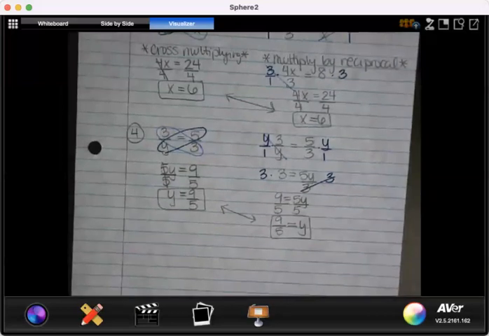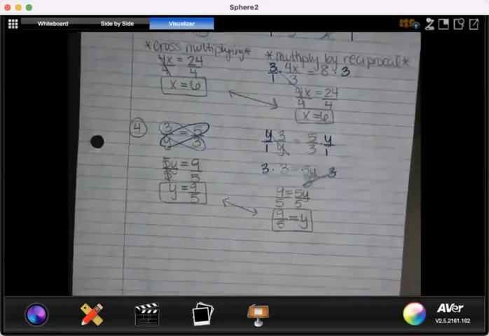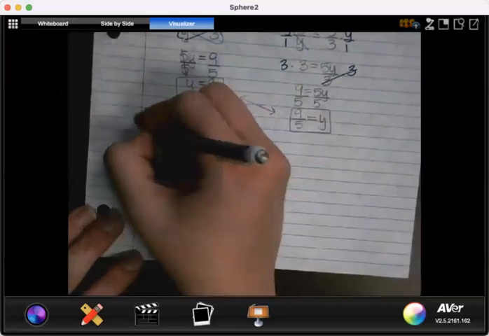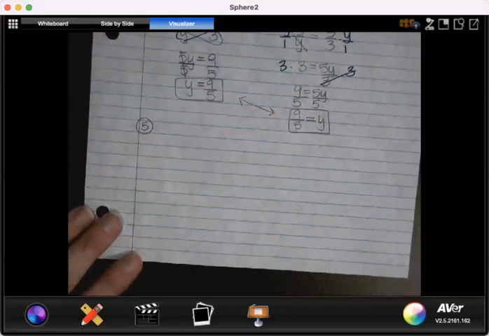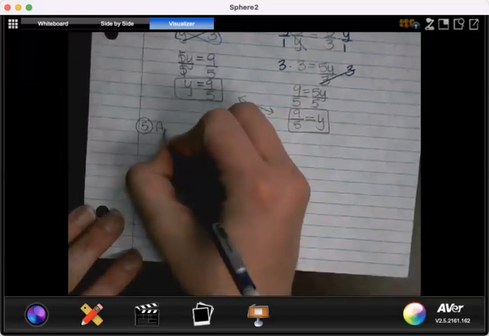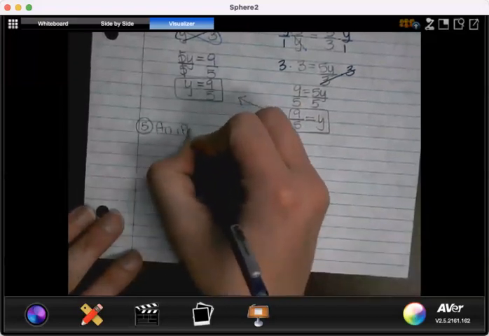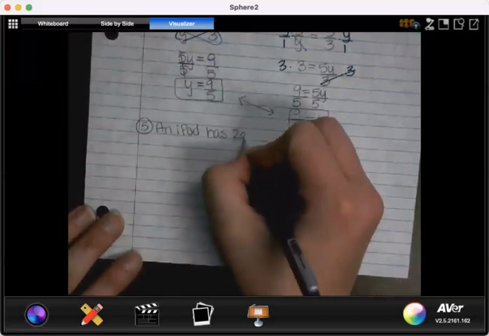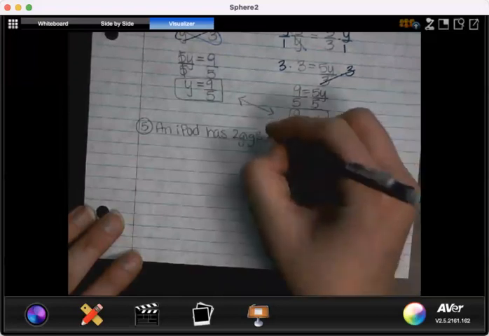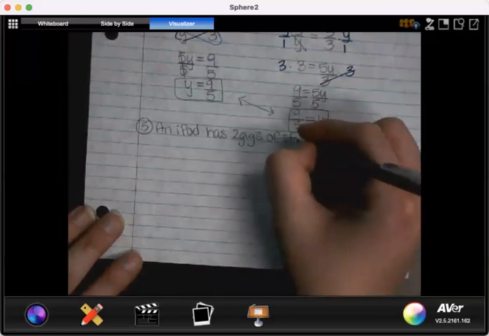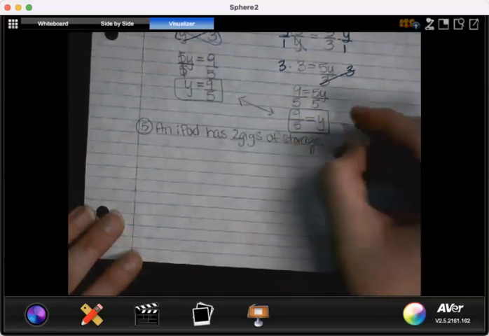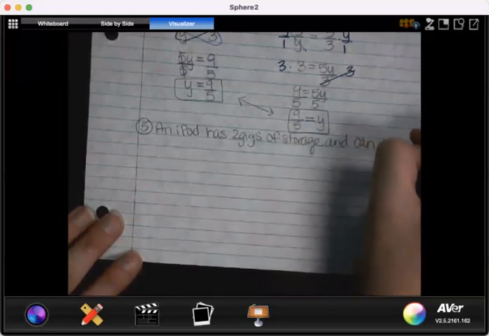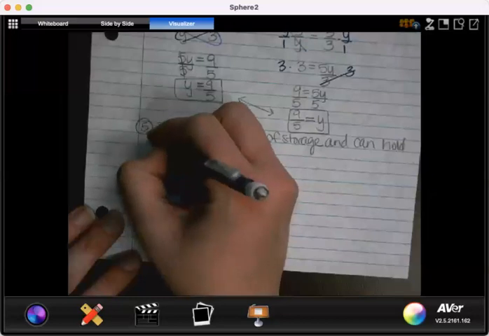Let's go ahead and try a word problem with proportions. Number 5. An iPod has 2 gigs of storage and can hold 500 songs.